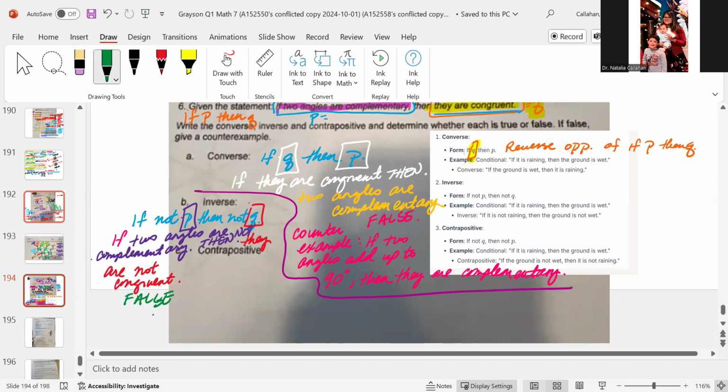So now to come up with a counterexample. If two angles are not complementary, then what could it be?